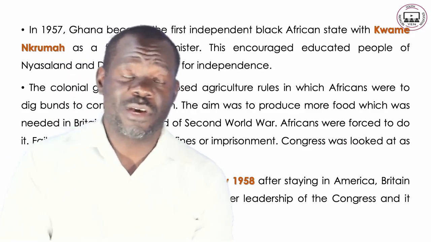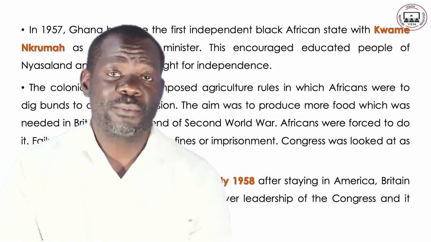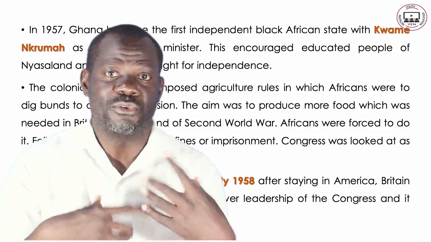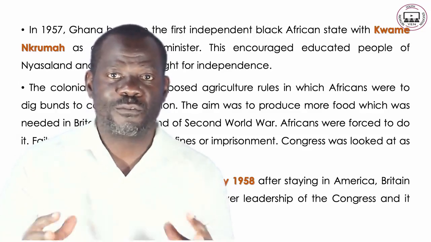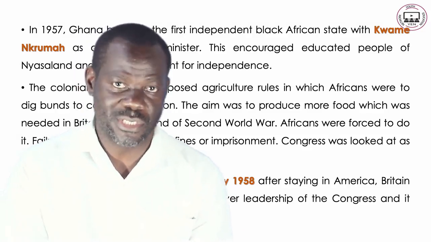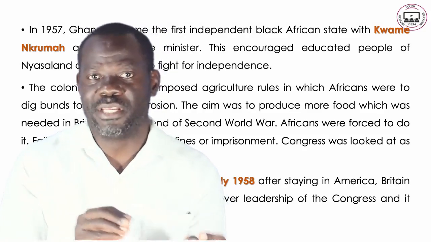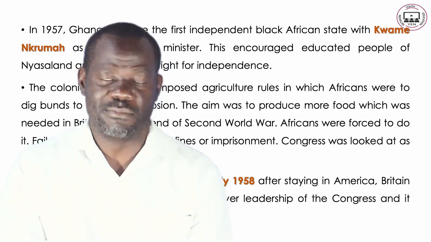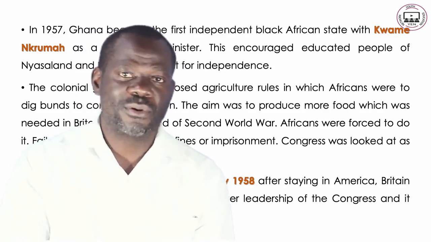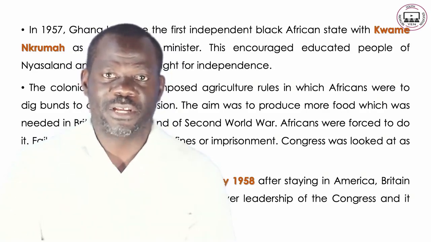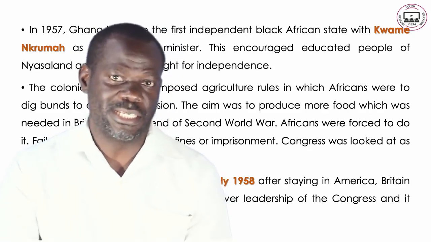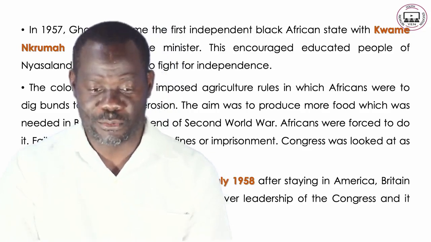So there was also another big issue this time. People were forced to make bands to control soil erosion, for farming more food that was needed in Britain, because that time Britain had just come out of the war, so they needed more food. So people got united through this Nyasaland African Congress because they looked at it as an answer to their problems.